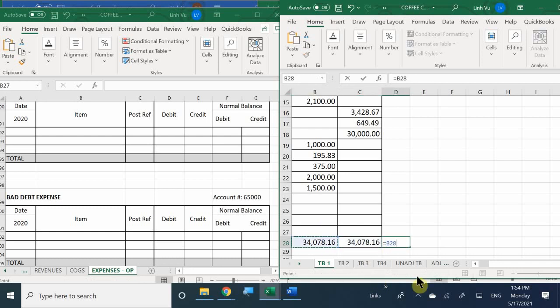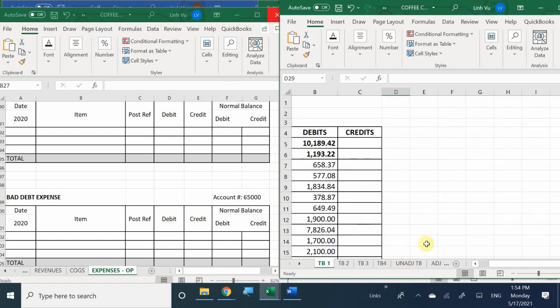What I like to do, so I can get a clear picture, is on the side do my debits minus my credits, just to verify that there is no discrepancy and it comes out to be zero. And in this case, here you go. My total debits and total credits match on both sides. And there we have it.